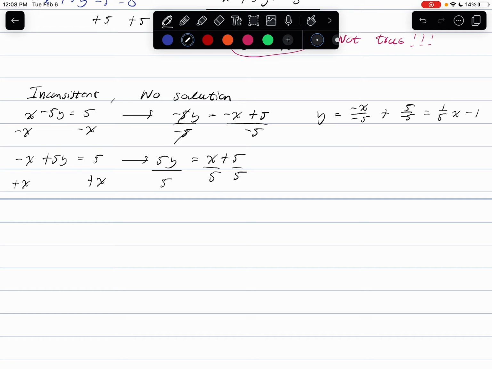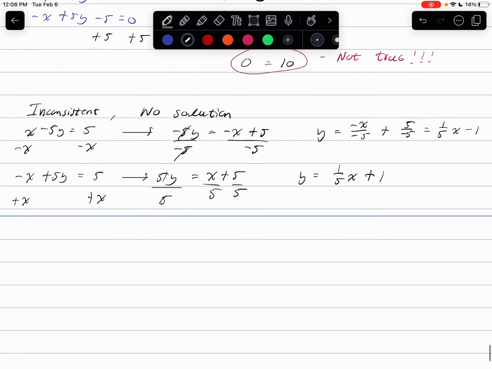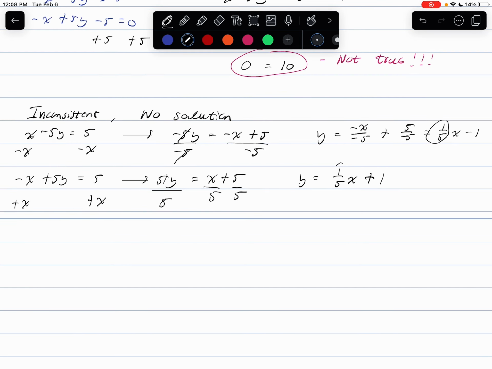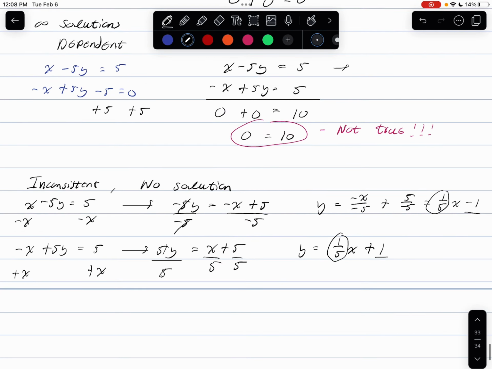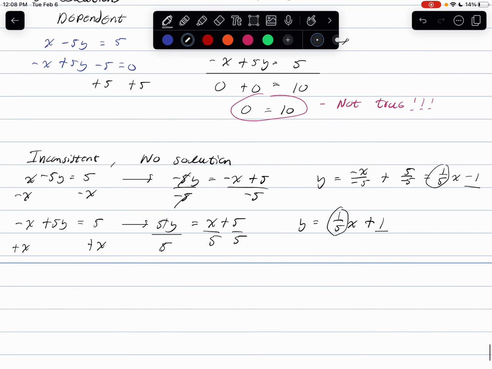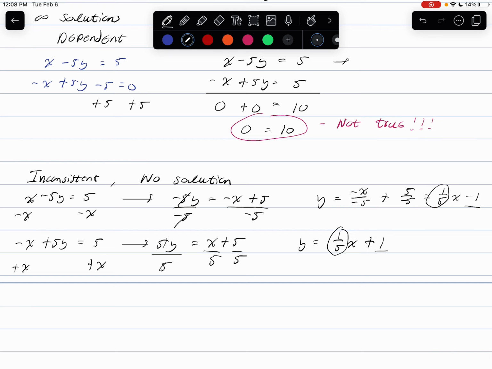And that's going to give us y is equal to 1/5 x plus 1. Okay, so these have the same slope, but a different y-intercept. This one has negative 1, the other one has positive 1. So you'd say these lines are parallel, but not the same, and therefore they are inconsistent, meaning they don't ever intersect. They are parallel lines. So we would say they're inconsistent and they have no solution.